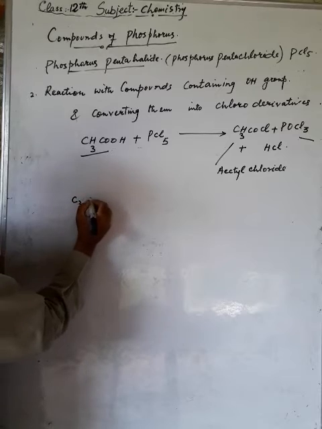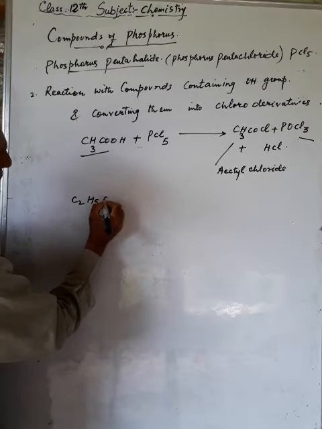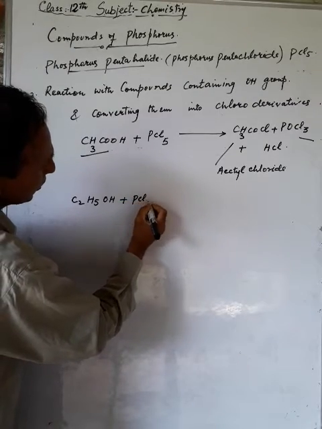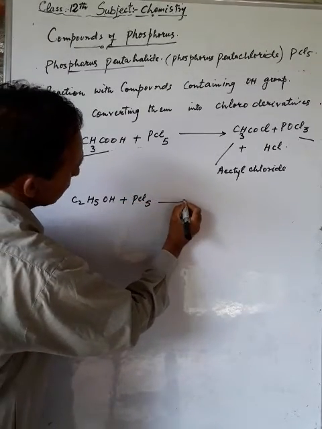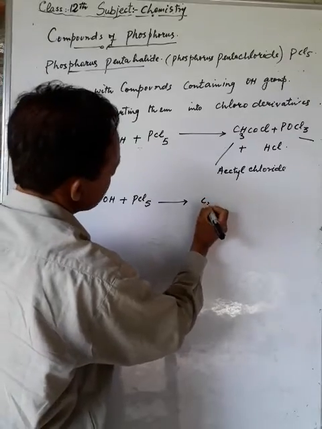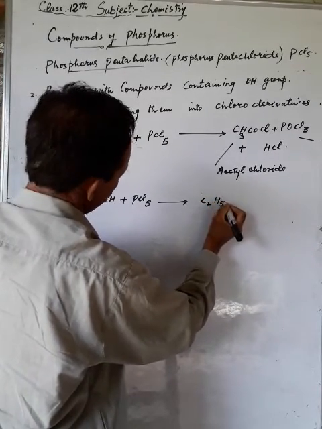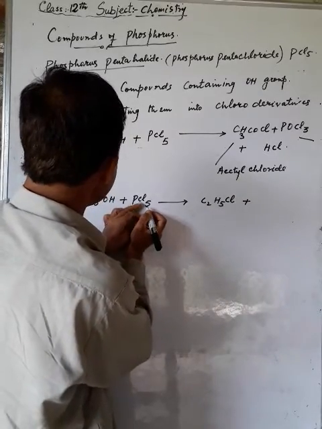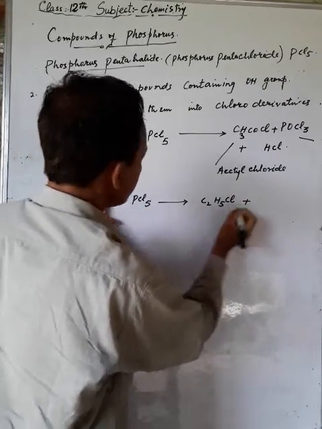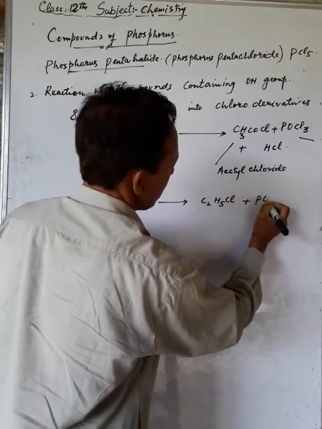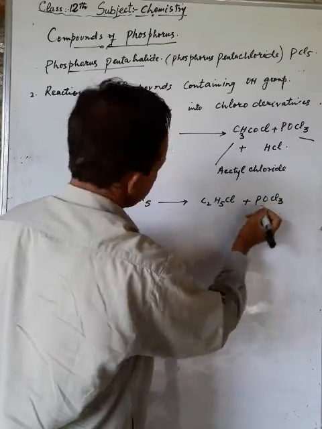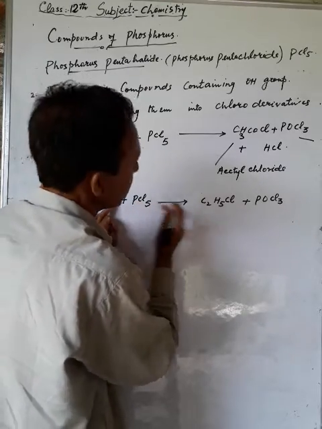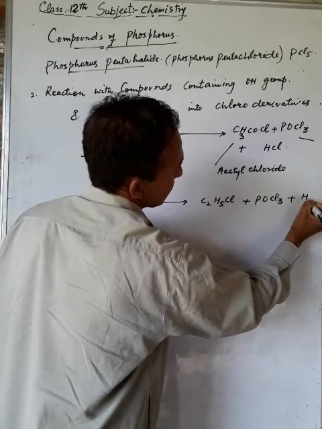Similarly, if we take C2H5OH, ethanol, plus PCl5, it reacts and forms C2H5Cl plus POCl3 plus HCl. One Cl has come out, and the hydroxyl hydrogen goes with the remaining Cl as HCl.